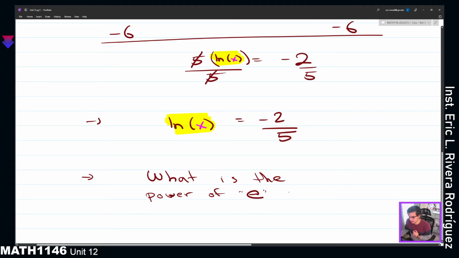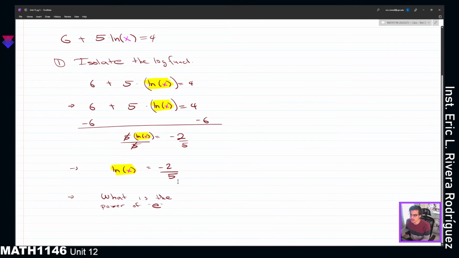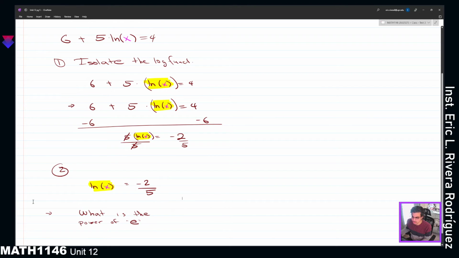The base of this logarithmic function is e. What is the power of e? So let me isolate. So we isolate, and then now we are in the second step. The second step is we are going to turn, move this here. So this is the second step.